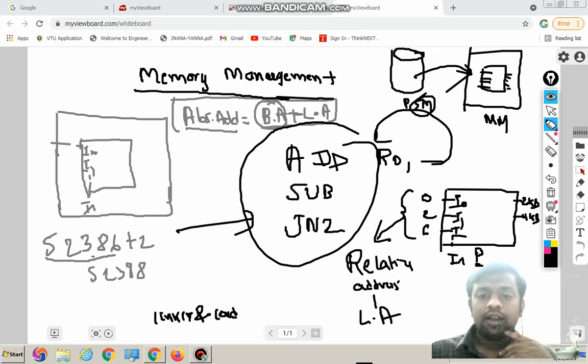Then when the process is in main memory, we can find the absolute address. Initially we have the base address, and we add the logical or relative address to the base address, so that we get the absolute address. Okay, these are the basics. Let me clear this.